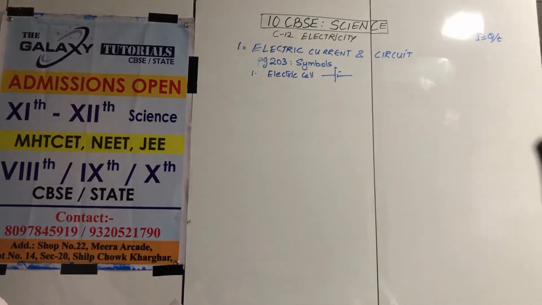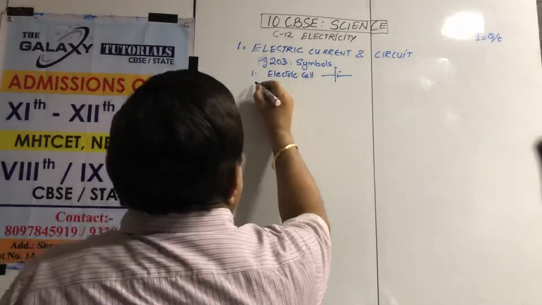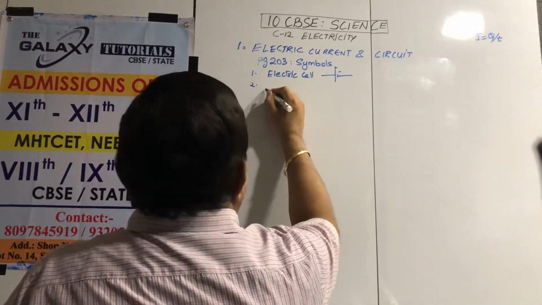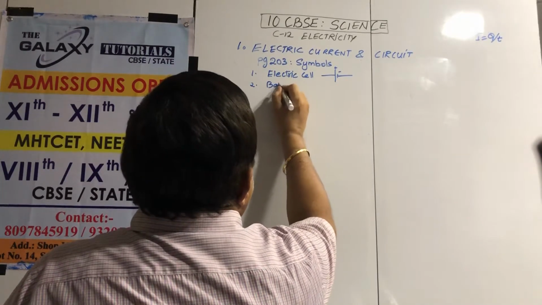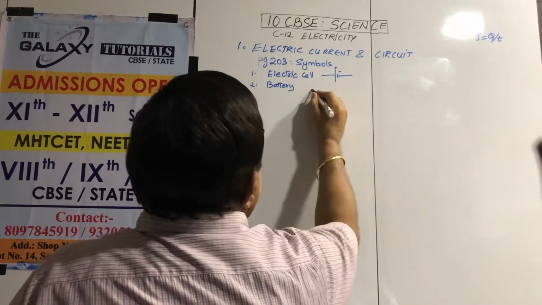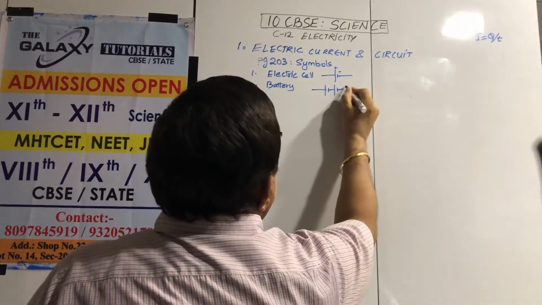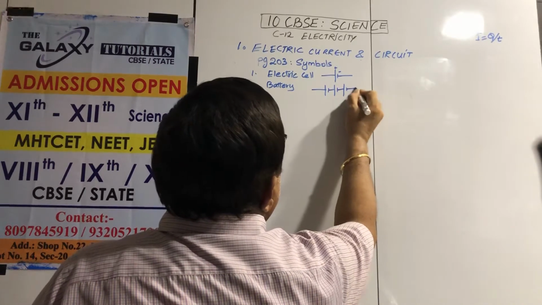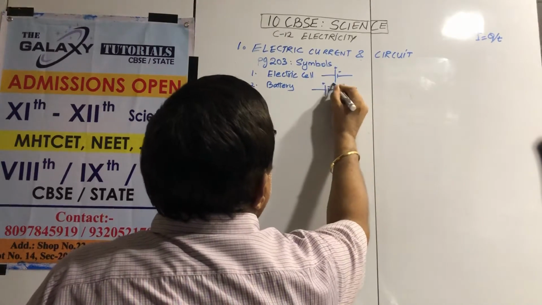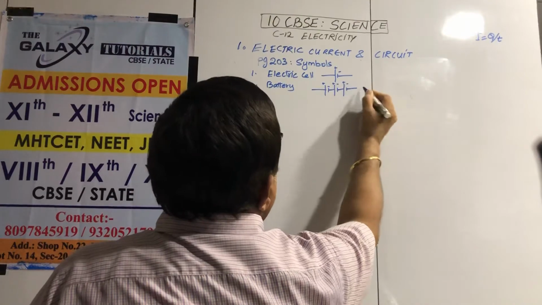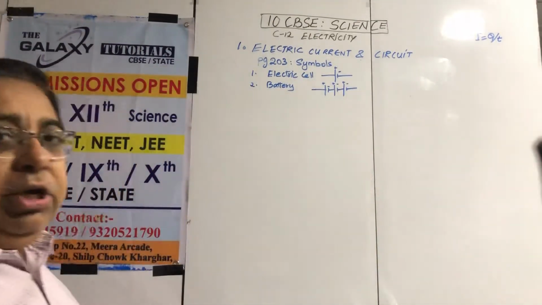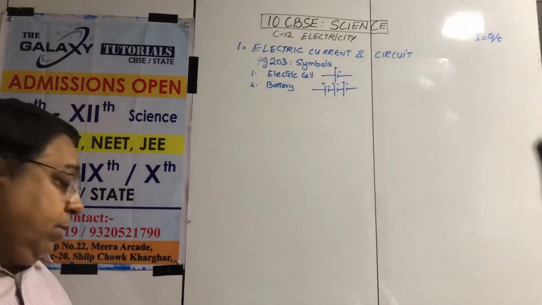This is your battery, electric source, whatever. If I require more than one cell, I will have an electric battery. So this will have many cells like this, plus minus, like how you put 2 in your TV remote, etc.